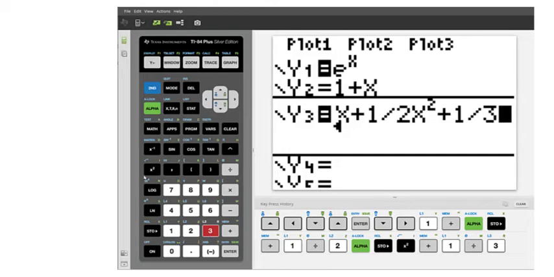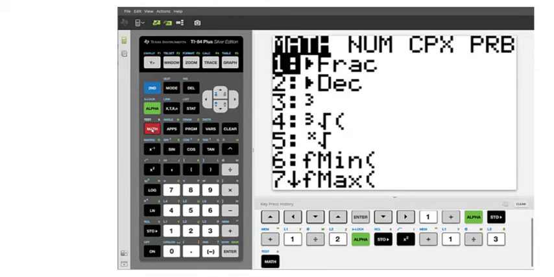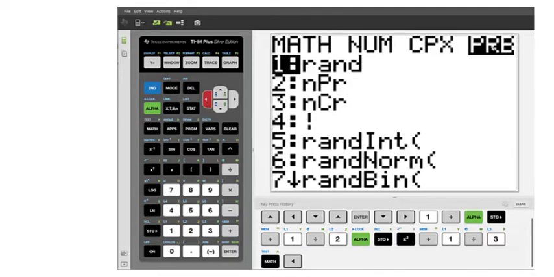So to get the factorial, I have to use the math key and go 1 to the left. That gets me back to probability, and here's a factorial right here at choice number 4.